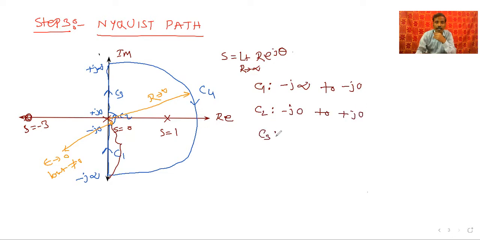Similarly, C3 belongs to plus j0 to plus j infinity. This is the path.